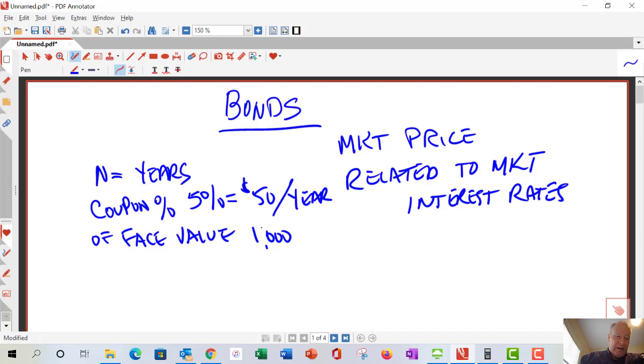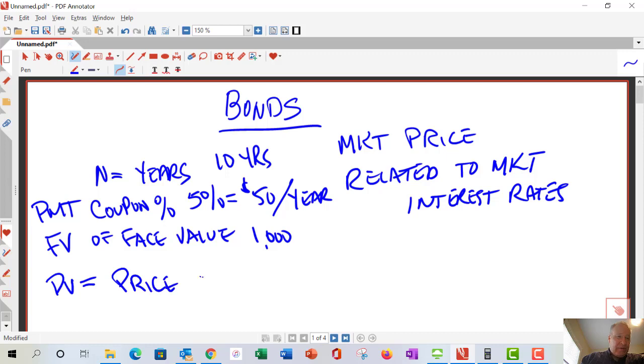Okay. And then we'll say, if the bond matures in 10 years, it's a 10-year bond from today's price. So this is our N, this is our payment. This is our face value or future value, and we enter this in a calculator. Present value is the price today of the bond.